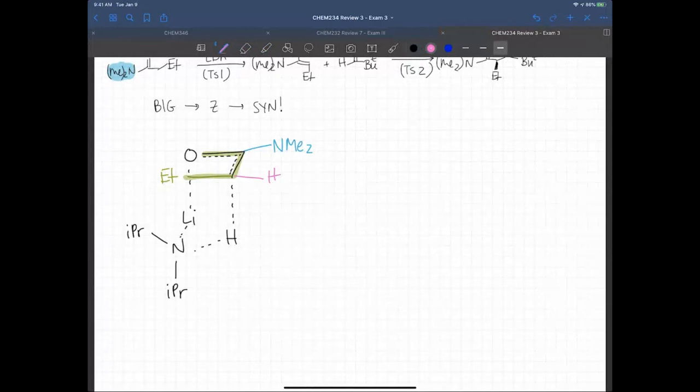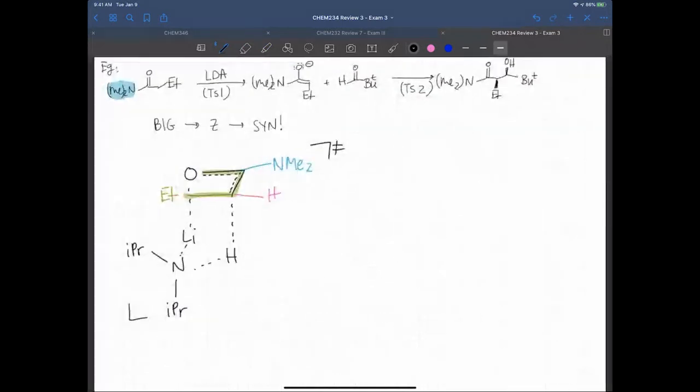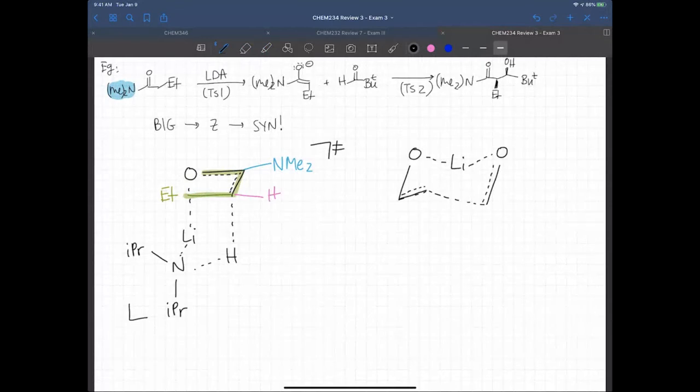Good. So this is the first transition state. All right, the second transition state. Now we can talk about the aldehyde phase. Okay. So which is the aldehyde phase? The left or the right hand side of the chair?